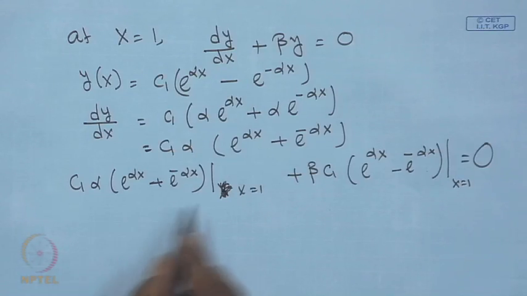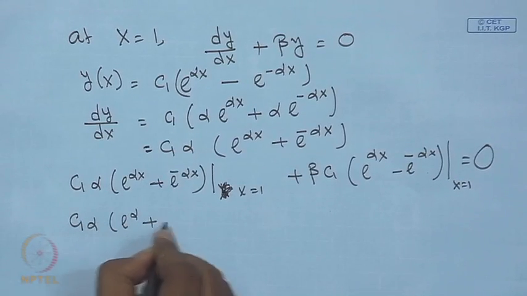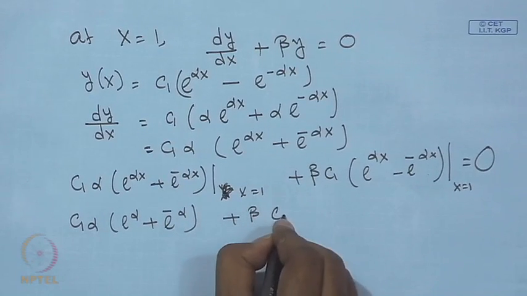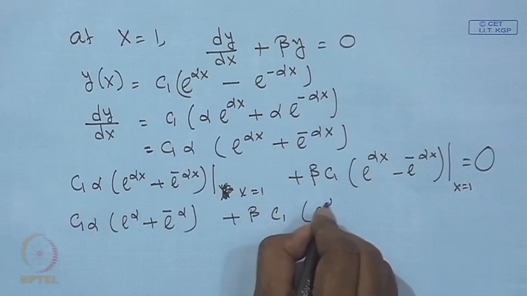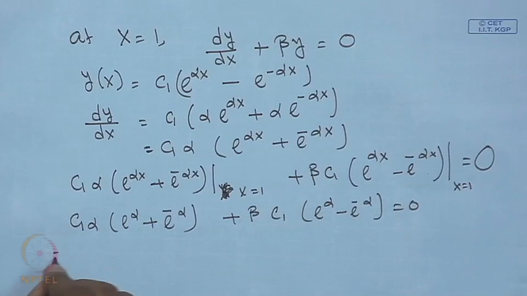So, we evaluate that. So, this becomes C 1 alpha times e to the power alpha plus e to the power minus alpha, plus beta times C 1 times e to the power alpha minus e to the power minus alpha, is equal to 0. So, we can take C 1 common.